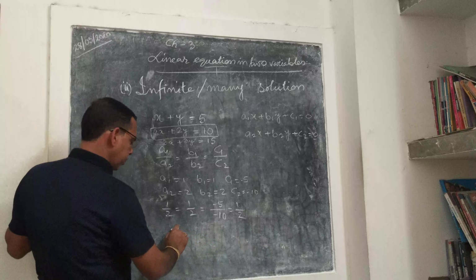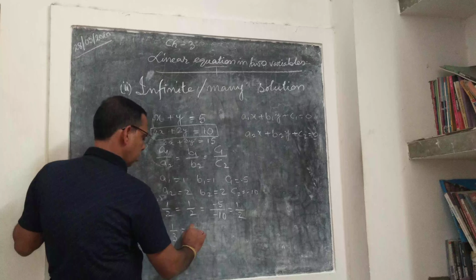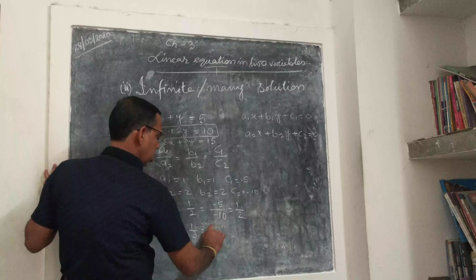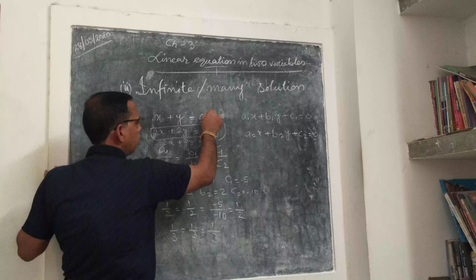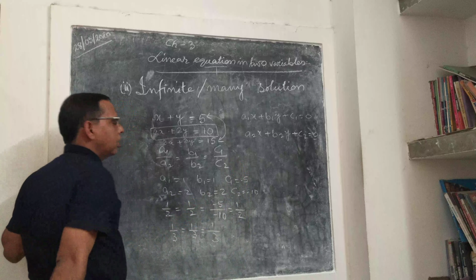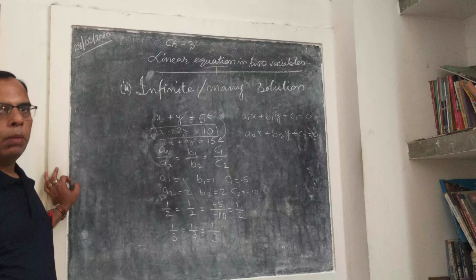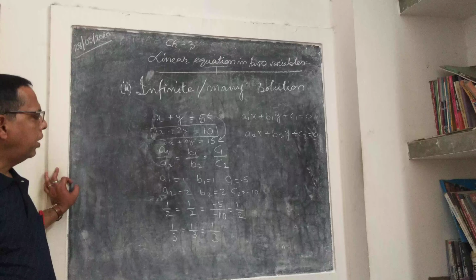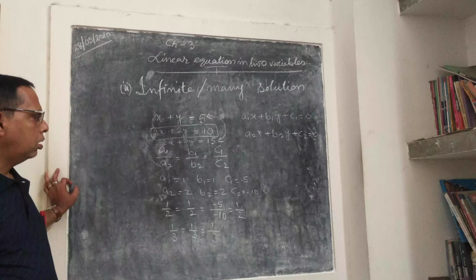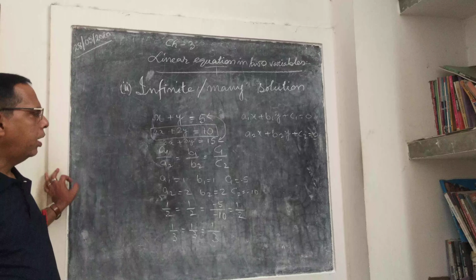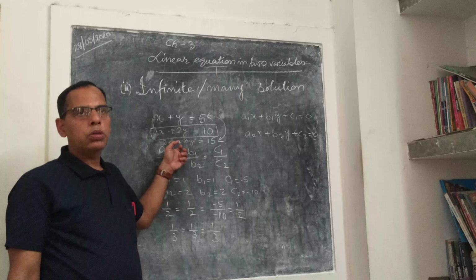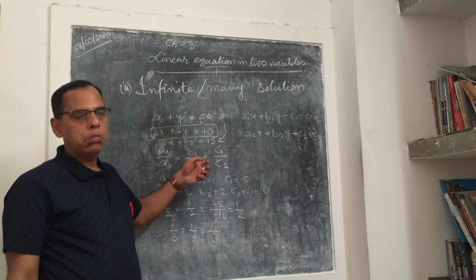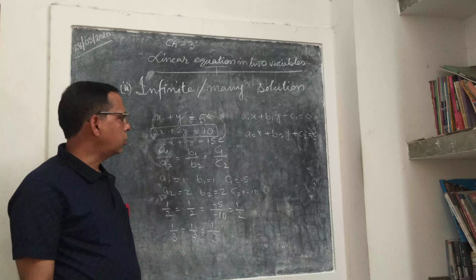Then what will happen? It will be 1 by 3, 1 by 3, 1 by 3. Once again, these two have infinite solutions. So remember, children, there may be a question that they may ask you: for the given equation, find another equation which will give infinitely many solutions.